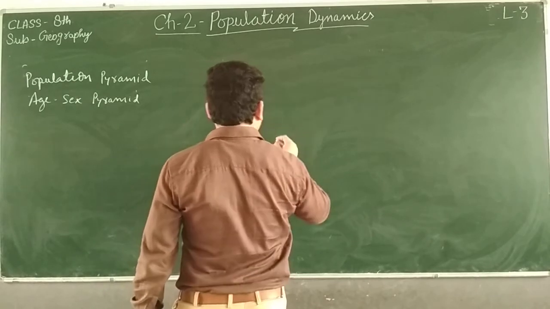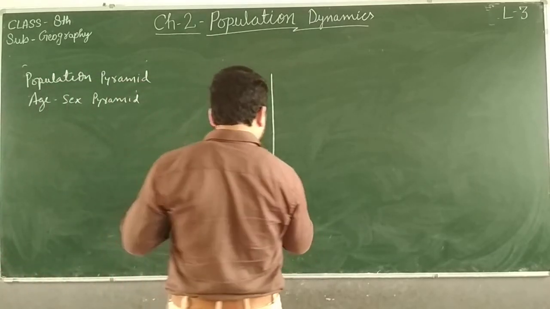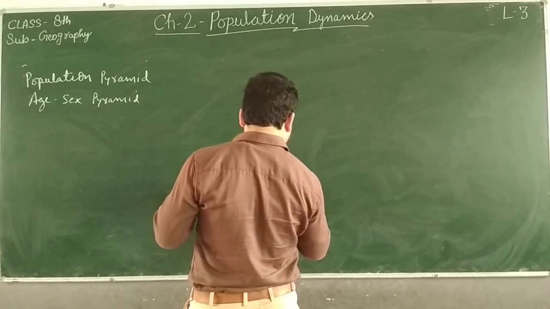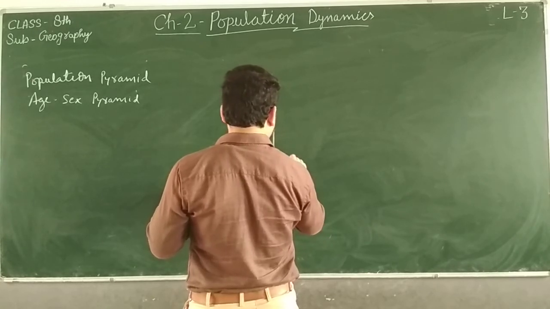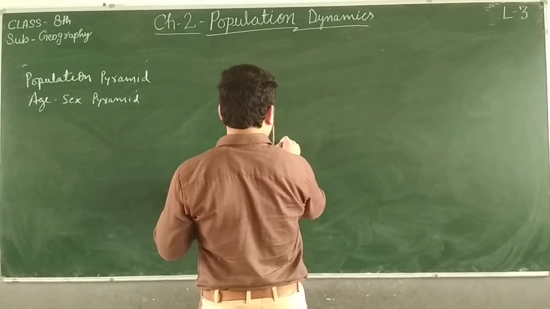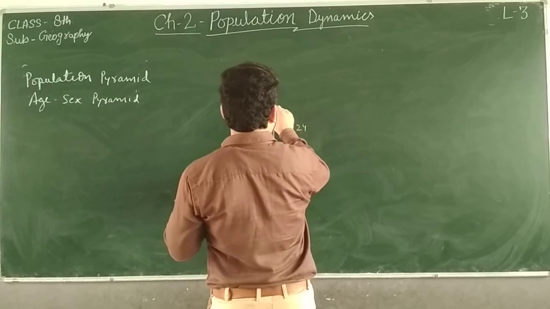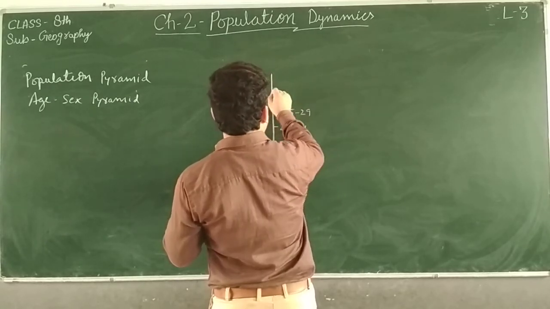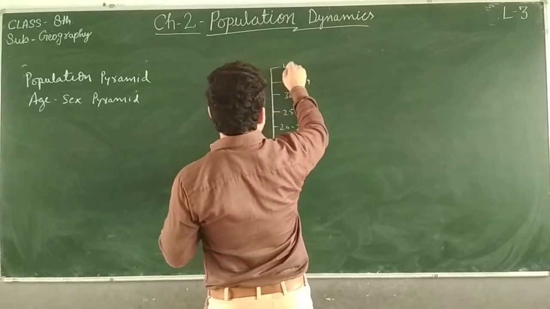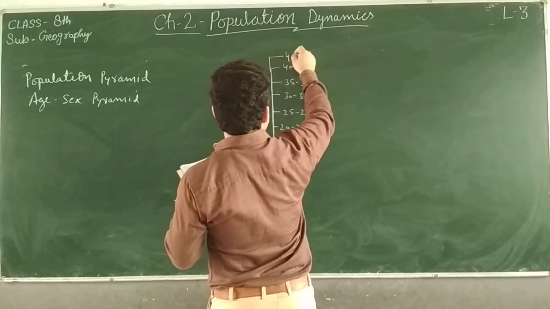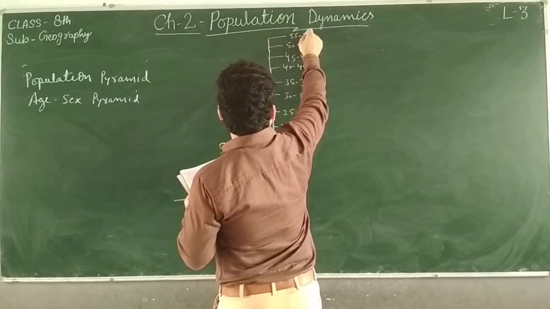Now how do we draw this age sex pyramid? First of all, we write the age groups, starting from 0 to 4, then 5 to 9, then 10 to 14, 15 to 19, 20 to 24, 25 to 29, 30 to 34, 35 to 39, 40 to 44, 45 to 49, 50 to 54, 55 to 59, and so on, 60.